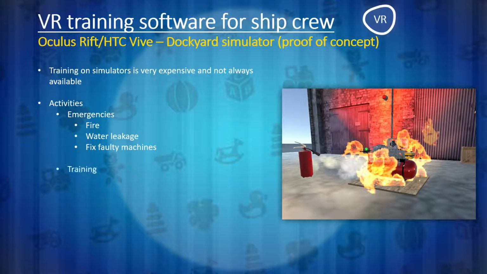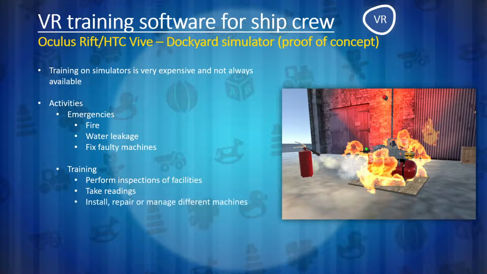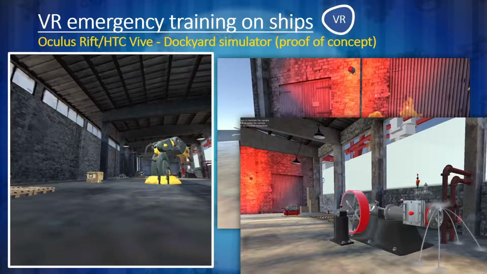But there are other activities, so we can use this software for training, for example, performing inspections of facilities, taking readings of different sensors, and finally installing, repairing, or managing different machines. Now let's take a look at how this works in action.